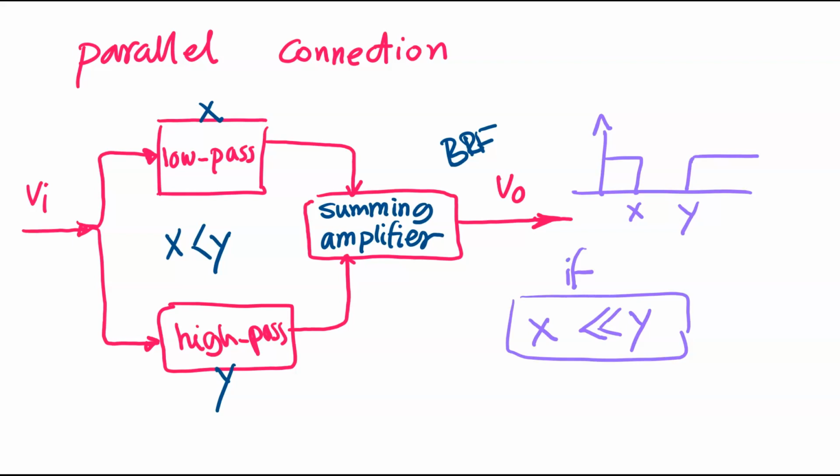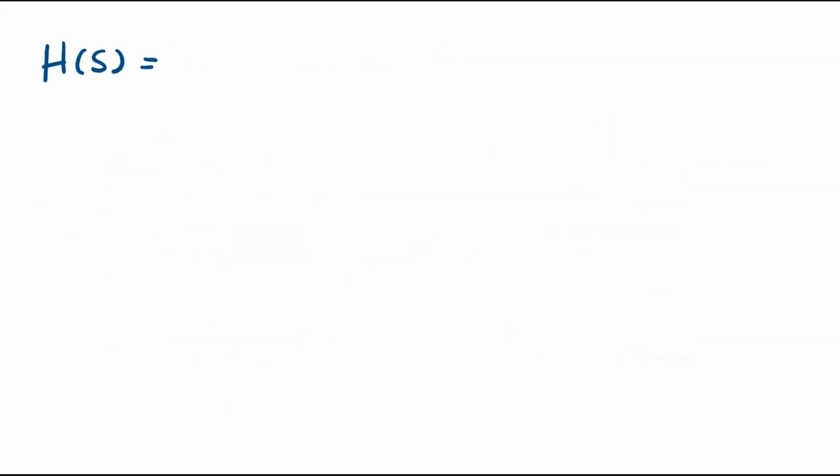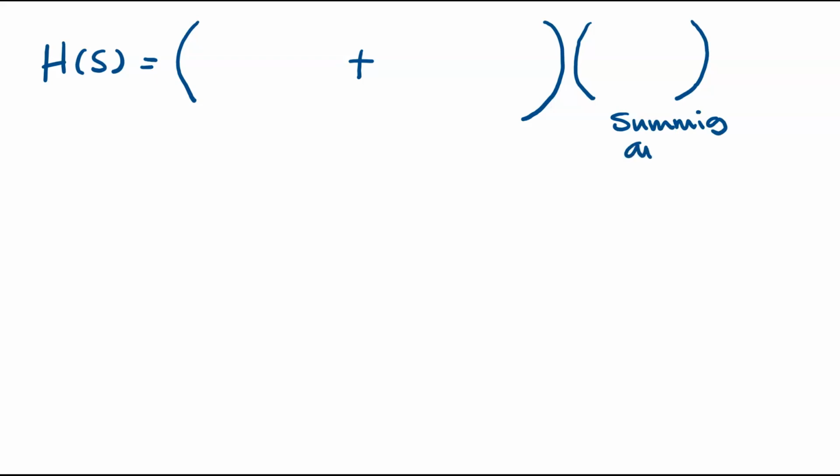And then at the end we have a summing amplifier, so we have to multiply by the gain that comes from the summing amplifier. So what I have to do here is add the low pass filter and high pass filter transfer functions together and then multiply them by the gain that comes from my summing amplifier.